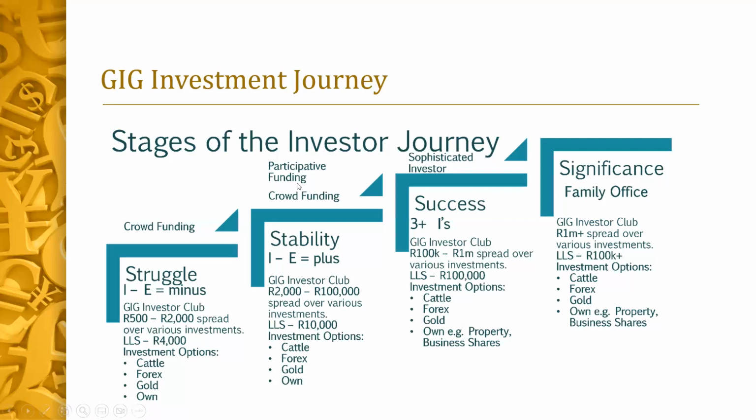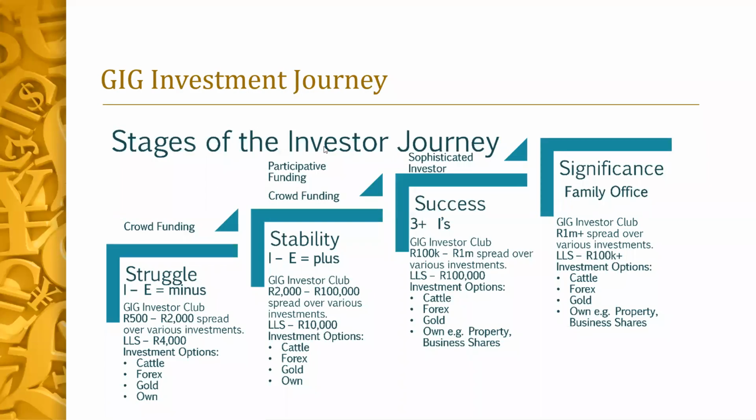And then ultimately, we want everybody to get to the stage of having a family office. And in GIG, we define it when you have more than 1 million in various investments, more than 100,000 in the loan-linked share. And it basically means that we can then start to work with you as a family, and where needed, start bringing a team around you of lawyers, accountants, and eventually you could hand over your whole portfolio to an entity like GIG Wealth to manage it on your behalf.